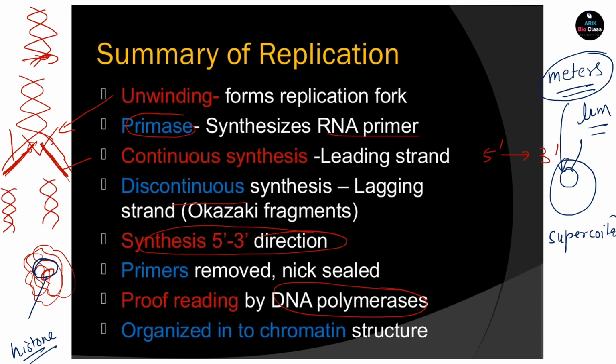It is very much supercoiled, and there are certain proteins that we call histone proteins, which bind these DNA threads, right? And that is how duplication occurs, and now these two DNAs are ready to get separated and to enter into the new progeny of the living cell.